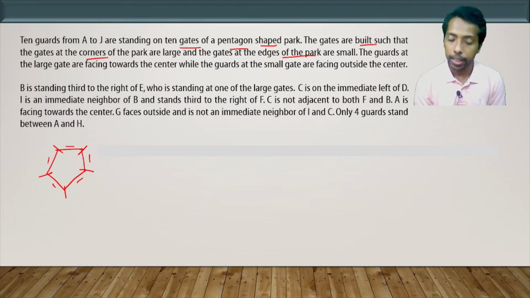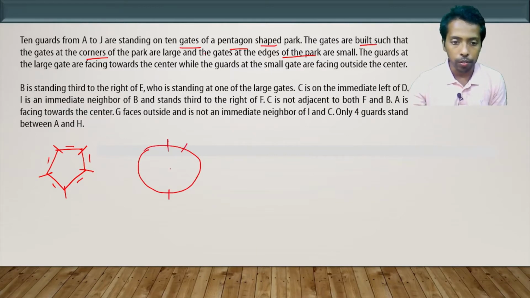That is easier to visualize and understand, and it helps you solve the question in minimal time. So first of all, it is a circular arrangement: 1, 2, 3, 4, 5, 6, 7, 8, 9 and 10. 10 persons would be there.